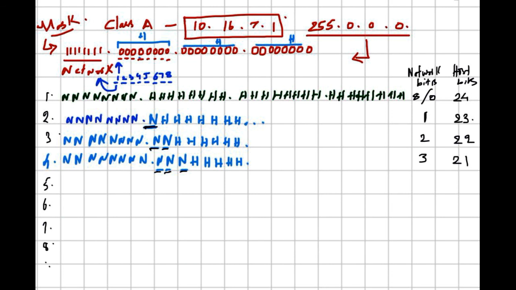The same process continues, taking one bit of the host portion and converting it to a network bit. So here we will do 4 bits now. There are 4 network bits and the remaining are all host bits, so 20. Similarly now 5, the remaining are all host portions, it is 19.